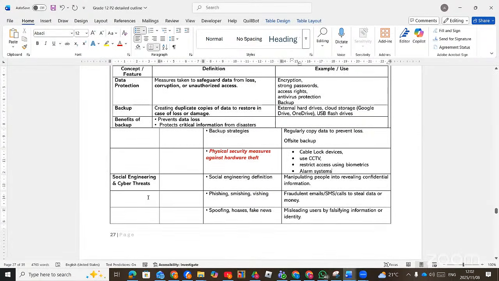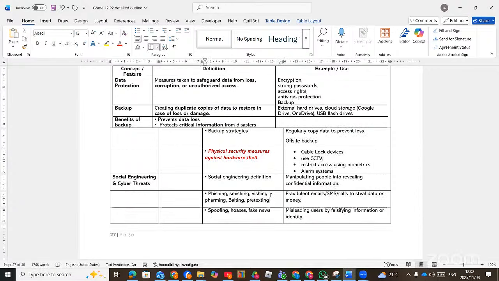Then cyber security and social engineering. Now, social engineering is manipulating people into revealing sensitive information. Those are the definitions, the keywords you must know. Examples of social engineering: phishing, pharming, vishing, baiting, pretexting.